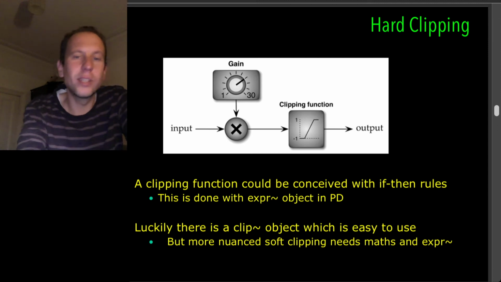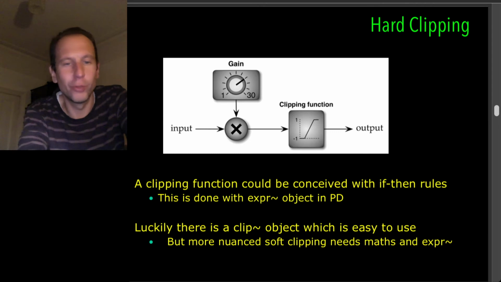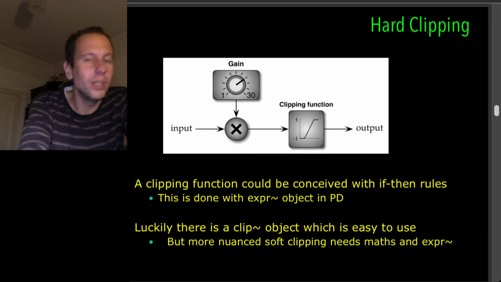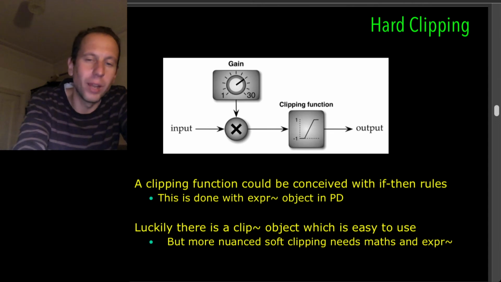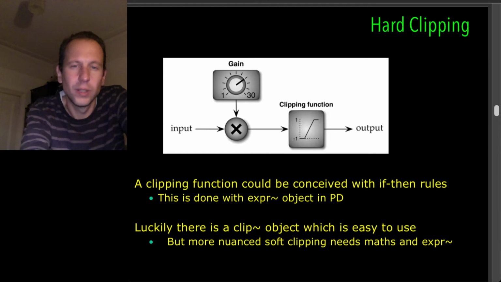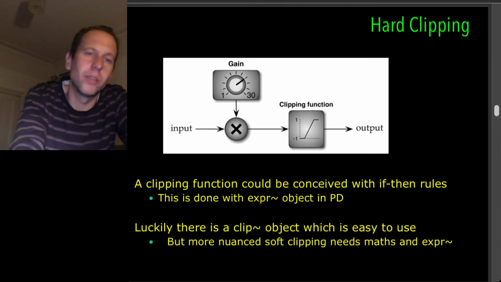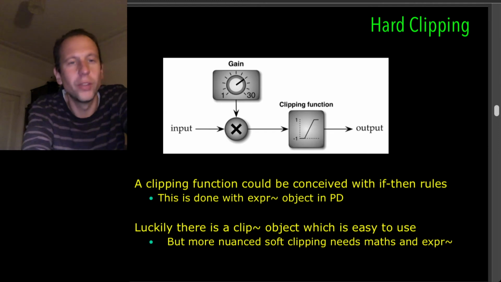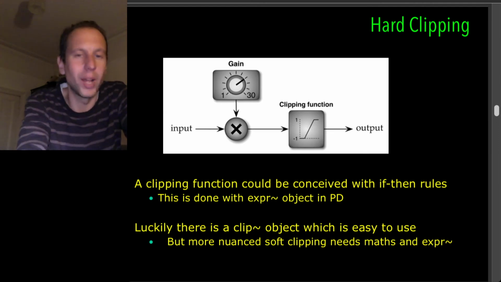So what is actually done in code also depends on the coding platform you're using. So in PD and in general programming languages, what we're looking at is an if-then clause. So what we're saying is that if the signal exceeds a given level, the threshold, then the signal output will be a given value.